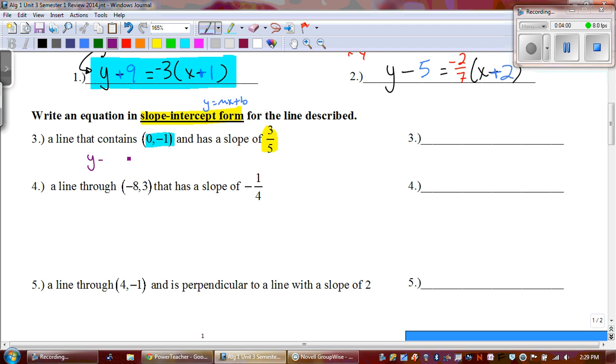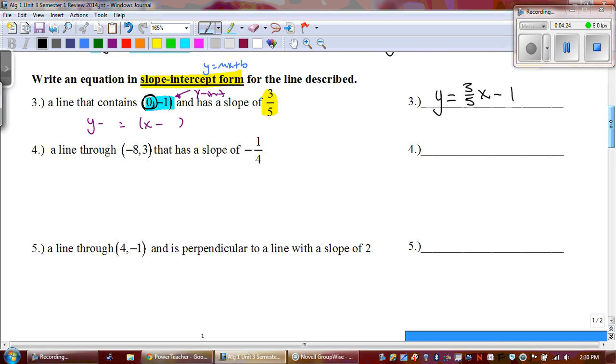There's not enough room to put all this in and solve. Well, that's because right here, this is your y-intercept. That's the b, only because it's got this 0 right here. So we can right away say y equals 3/5 x minus 1. There's no real work for number 3. That was a tricky one.